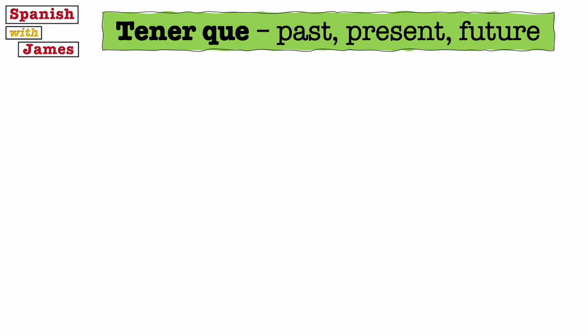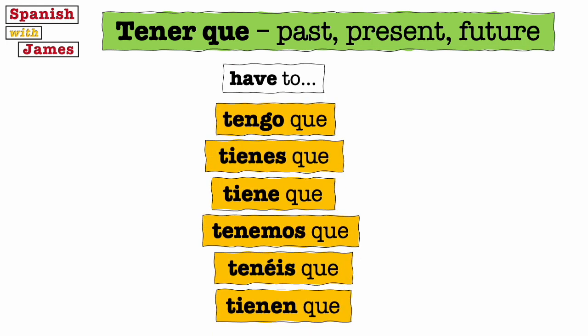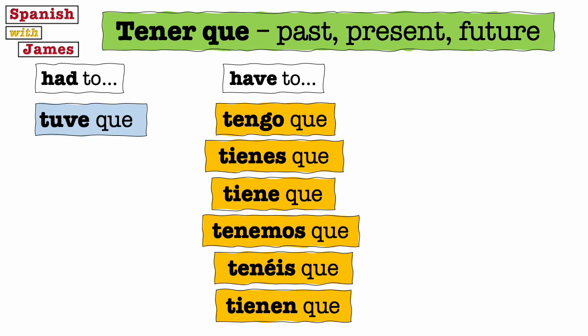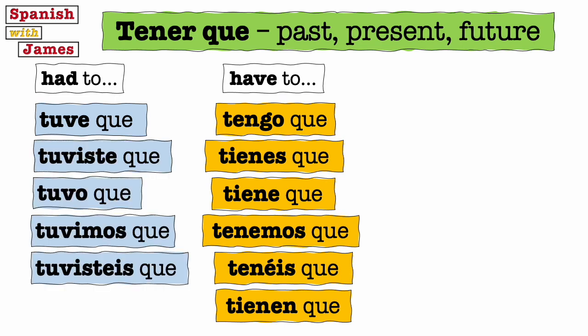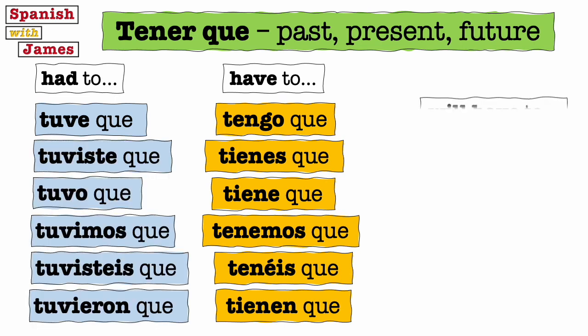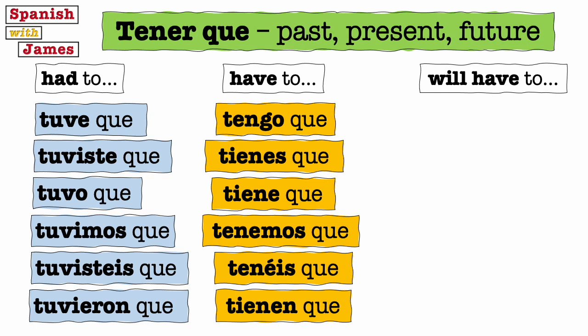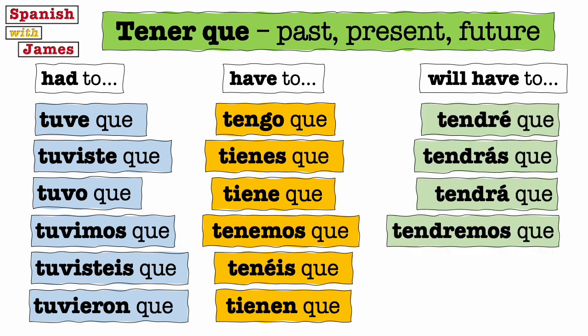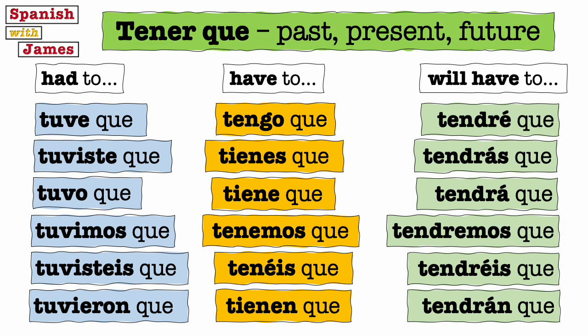Hopefully you now know how to start using hay que and tener que, at least in the present tense, but it might be that you also want to be able to say, I had to do this the other day, or in a couple of weeks I will have to do this, in which case we need to know not just how to use the present tense of tener, but how to also use tener in the preterite tense, tuve, tuviste, tuvo, tuvimos, tuvisteis, tuvieron, and in the simple future tense, tendré, tendrás, tendrá, tendremos, tendréis, tendrán.